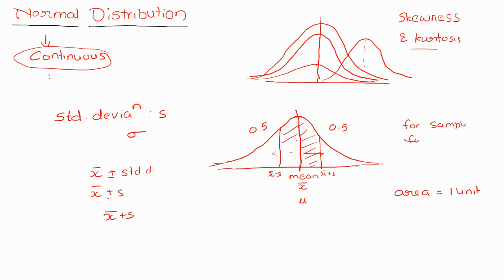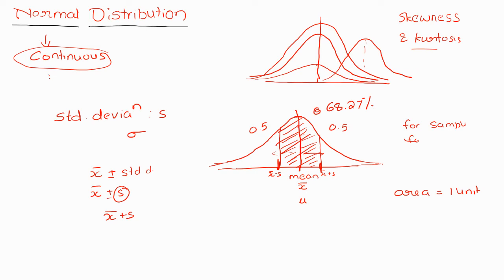It is assumed that when the standard deviation is s, the total area from this point to this point, this part entirely, covers 68.27% of the entire curve. This one has the major part, 68.27% of the entire curve.